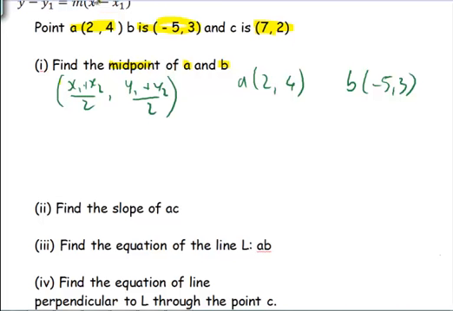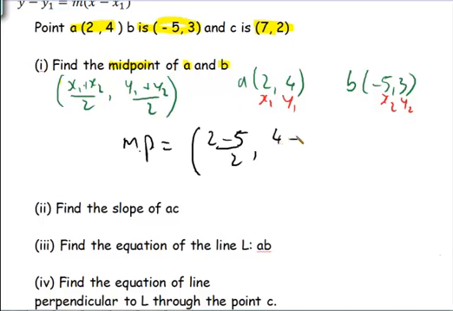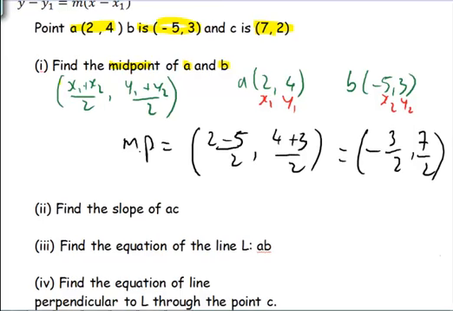So I've written the formula, I've written those points, just label the points, x1, y1, x2, y2, and I should be able to get this formula at the midpoint very quickly. So the midpoint is equal to x1 plus x2, so it'll be 2 minus 5 over 2, and y1, which is 4, plus 3 over 2, which is equal to minus 3 over 2 and 7 over 2, and that's the first part done.